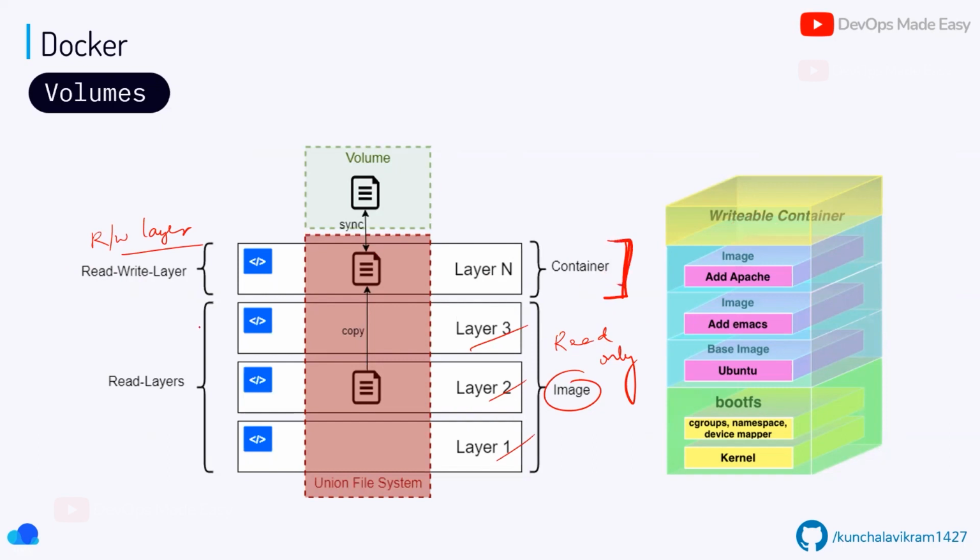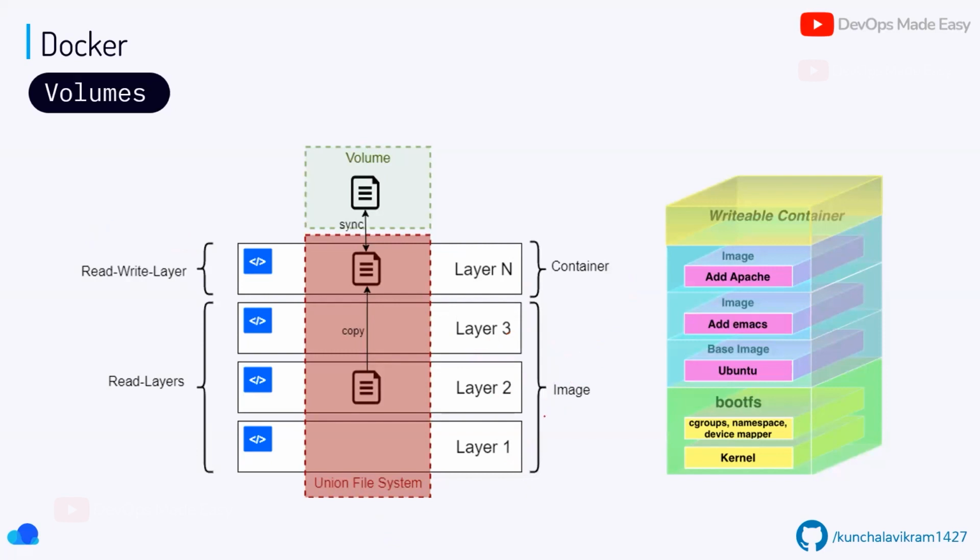You won't see all these layers separately; they will appear as a single file system. That's the reason it is called a union file system. You will not see the different layers, like the read-only layer or read-write layer, inside the image or the container. It is all unified.